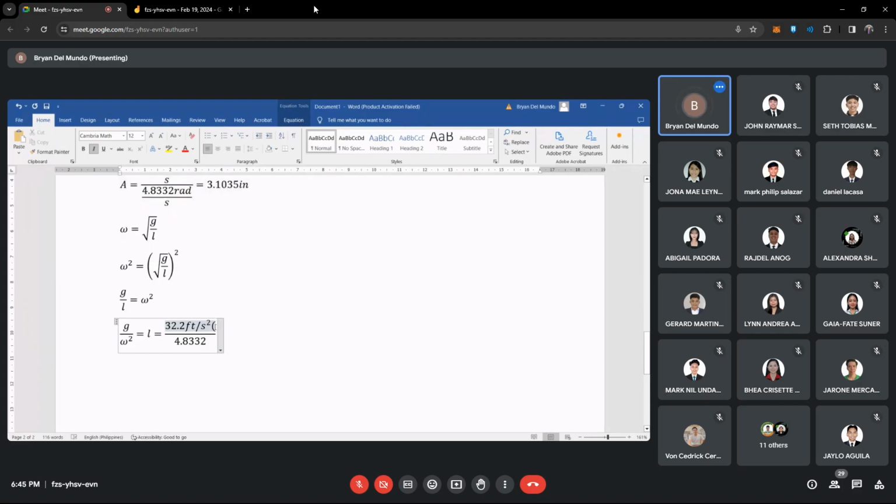Now let's try to convert this one. So 12 inch is equivalent to 1 foot. So cancel si feet. Then unit naman ito is radian per seconds.